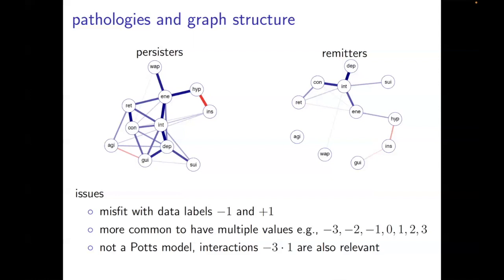I'm sorry, what is the -3, 1 in the interactions? These are the values that the variables can take, right? Instead of just -1 and +1. And there's an interaction, the multiplication of two nodes, suicidal thoughts and insomnia, for instance. And this interaction then gets to be -3.